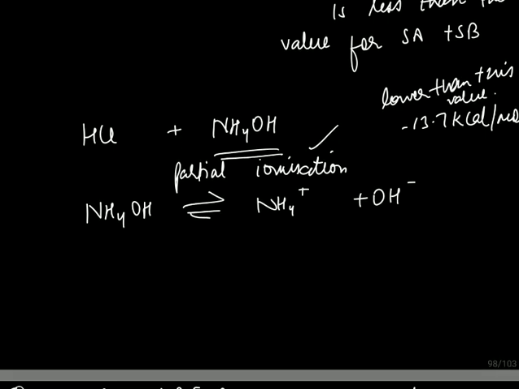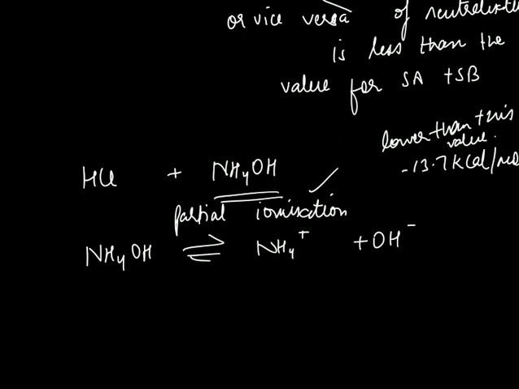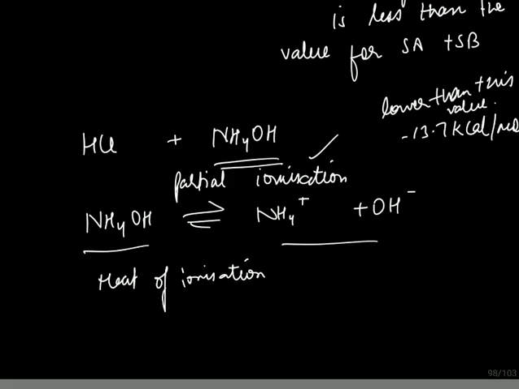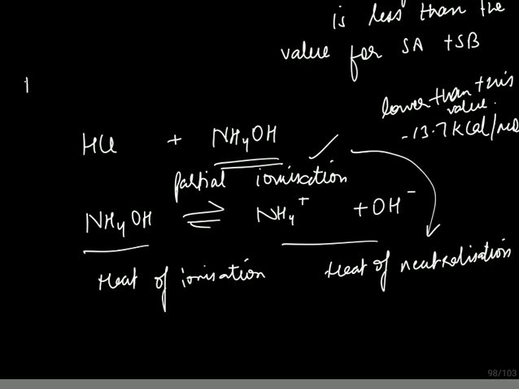It's a hypothetical value that I'm giving over here. So minus 13.7, right? Hypothetical I'm talking about, it's not related to this one. So let's say some heat of ionization, and heat of neutralization. So the heat of neutralization for this particular reaction, HCl plus NH4OH ammonium hydroxide, this gives you this.